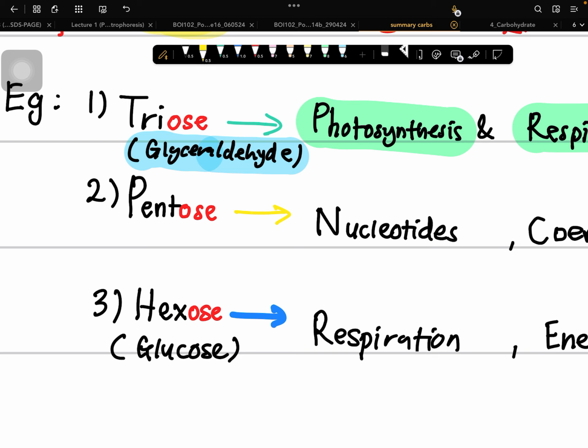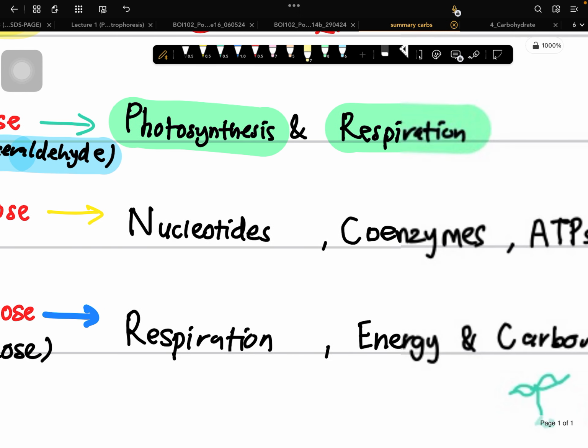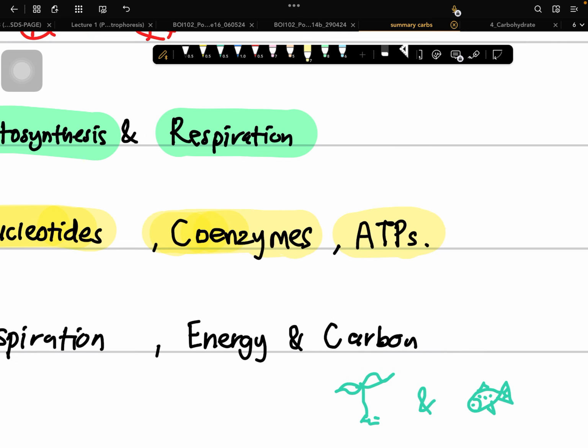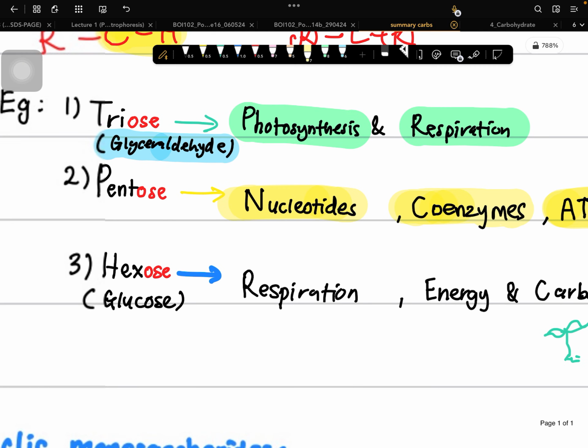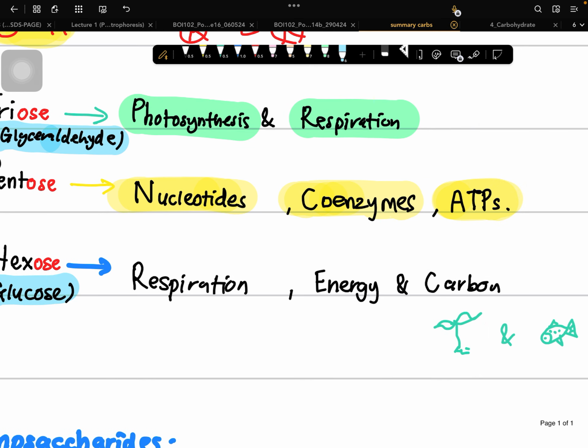Pentose, a 5-carbon sugar, is a component of nucleotides and coenzymes, and of ATP, the energy component in the adenosine triphosphate molecule. And then the last one is the hexose. Hex means six, so this is a 6-carbon sugar, which refers to glucose. What are the functions of glucose or hexose?